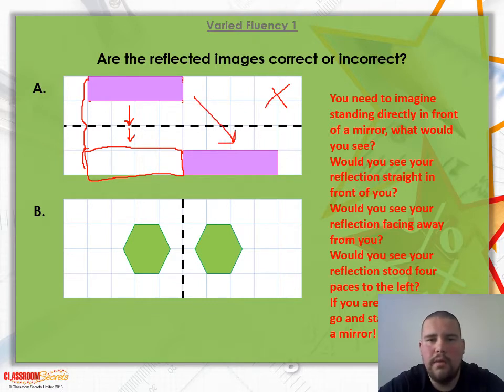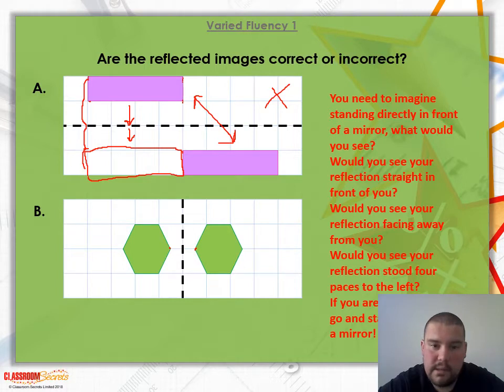So the top one is incorrect. These two are not reflected. B, however, we'll have a little look. If we put a little dot here, that is half a square away from the reflection line, and on this side here, that's also half a square. So that is reflected spot on. So that is exact.